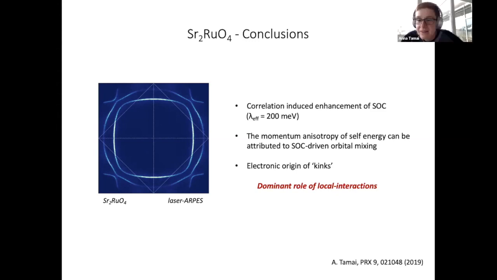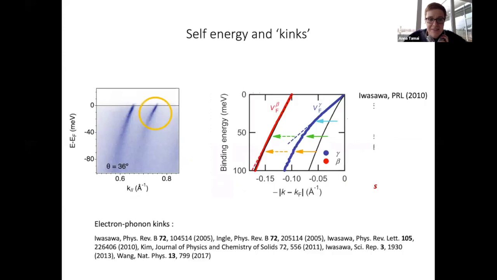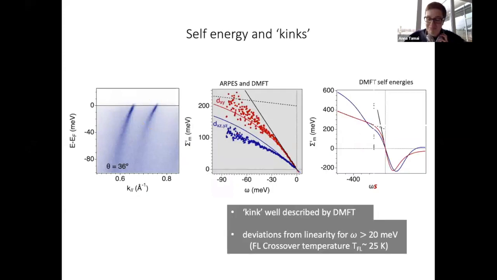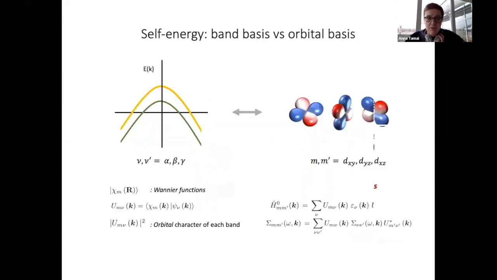I have one. Go ahead, Antoine. Can you go back to the slide where you had the kink, the surface kink? Perhaps the one in which you mark the whole Fermi surface at the surface, at the very beginning.